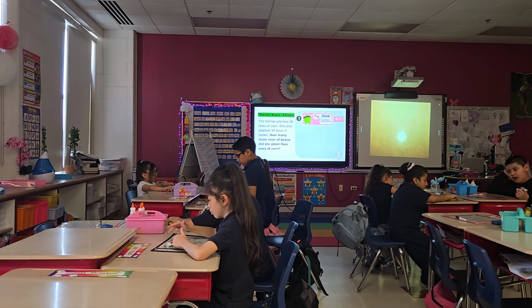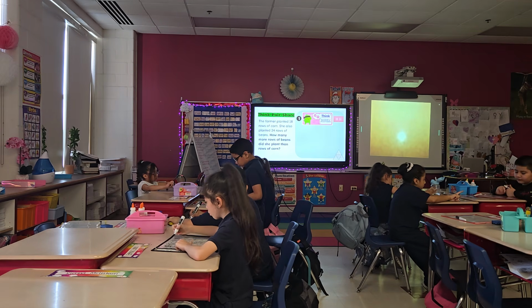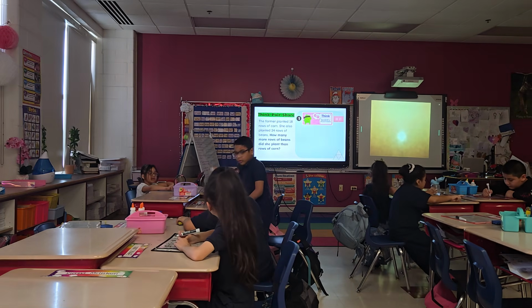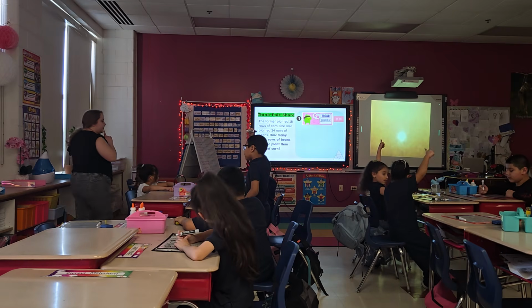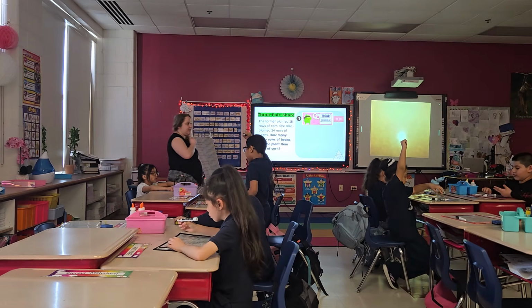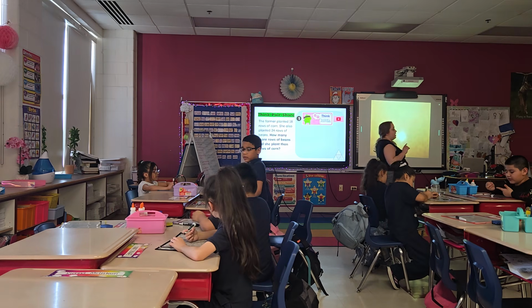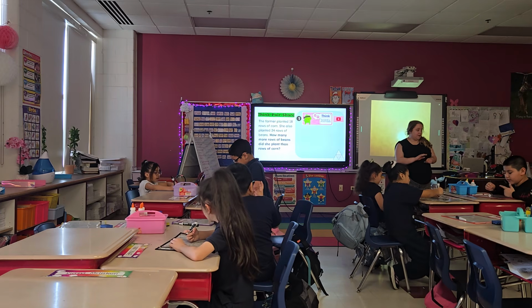Do the math and see if you're right. When we are done, you do not need to inform me, right? Because other people might still be working. When you're done, you tap your marker and you set it down.